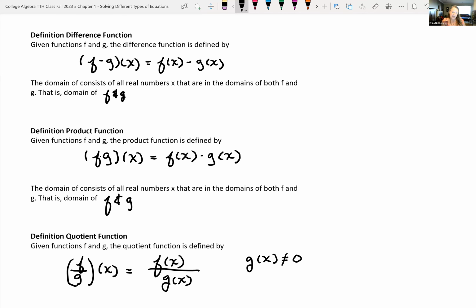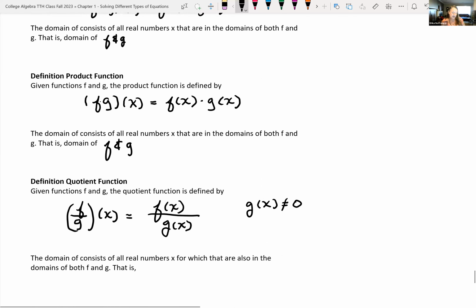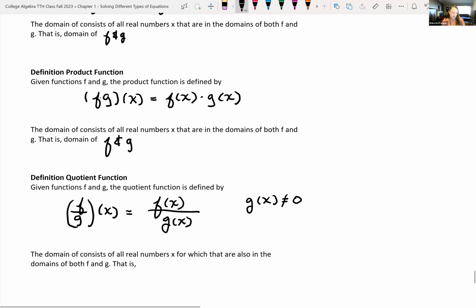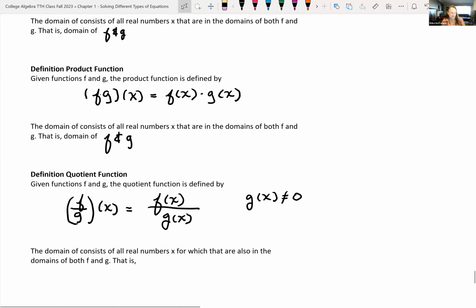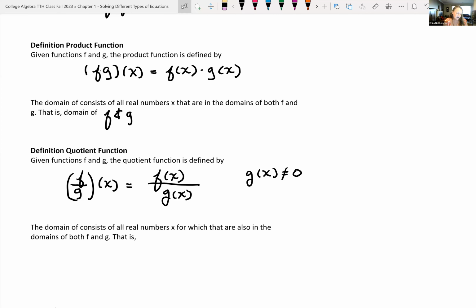So when we're looking at the domain, the domain consists of all real numbers x that are also in the domain of f and g. Okay, so the copying and pasting didn't go great in here. Looks like it left some stuff out.